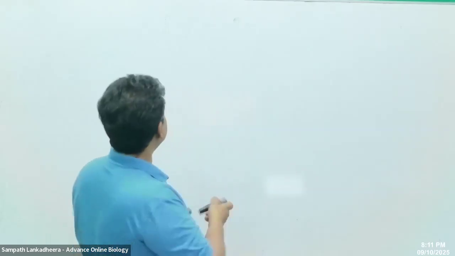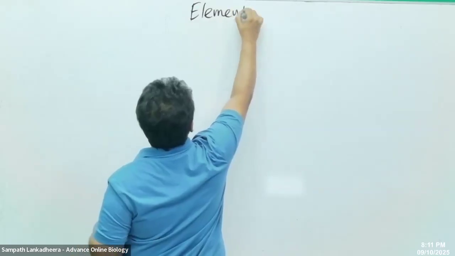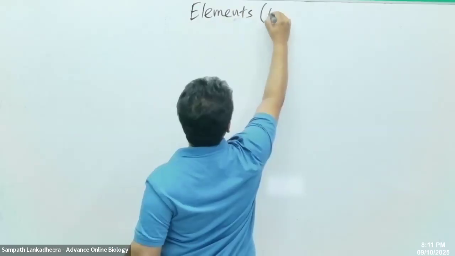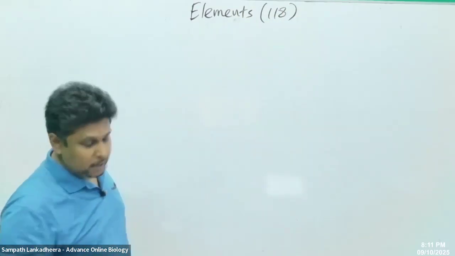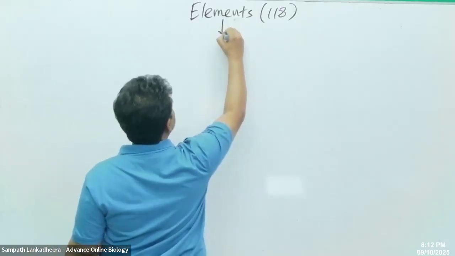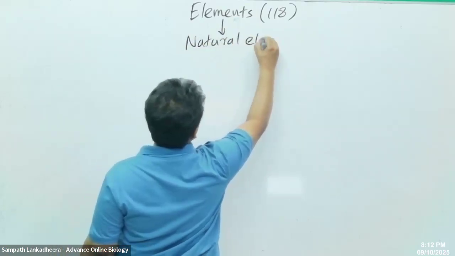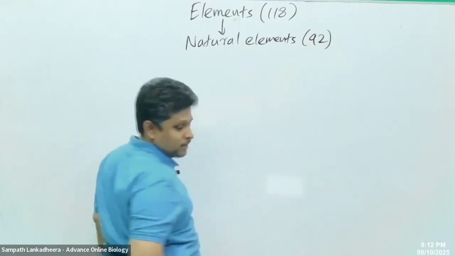How many elements are there in total? We said 118. Out of that, 92 are natural elements.